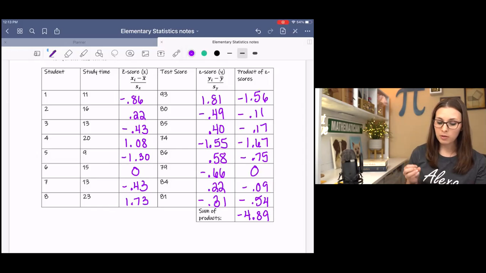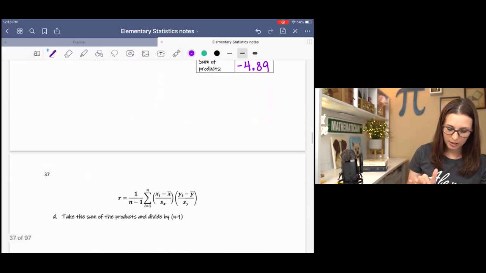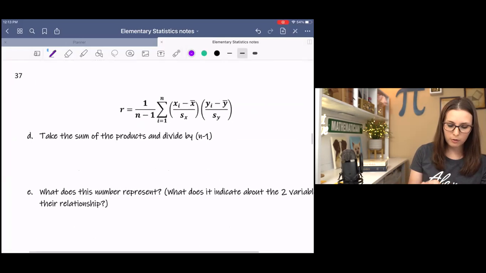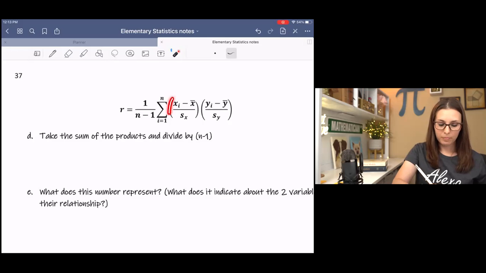So the sum of the product of the z-scores is negative 4.89. Now we know that an R value is supposed to be in between -1 and 1. So we're not done yet, okay? We have to keep going. So let's continue to the next page. I have a reminder of the formula where we found the z-score for each value. We multiplied those.